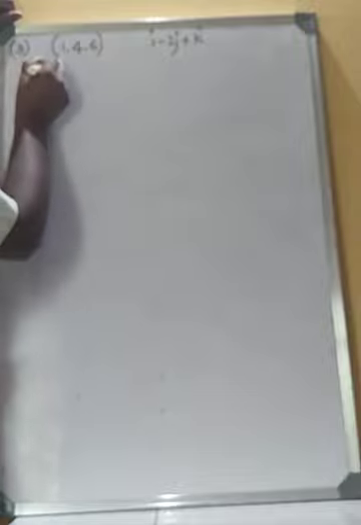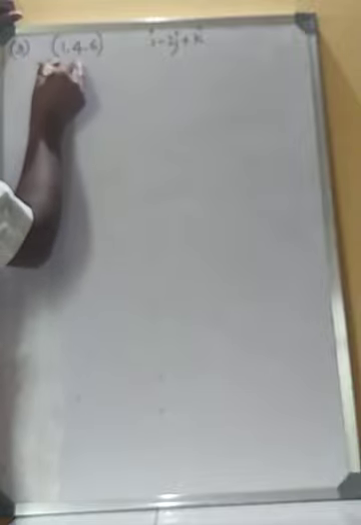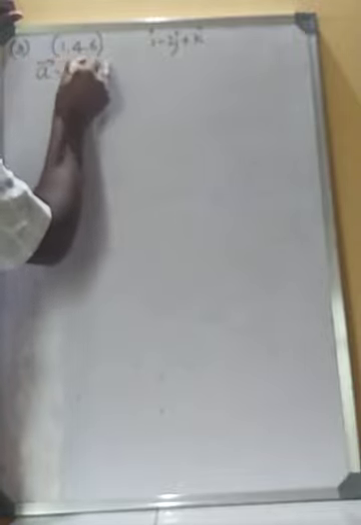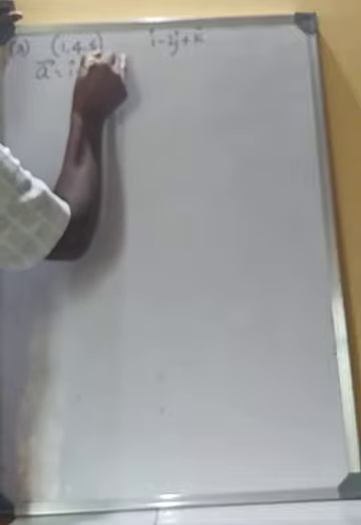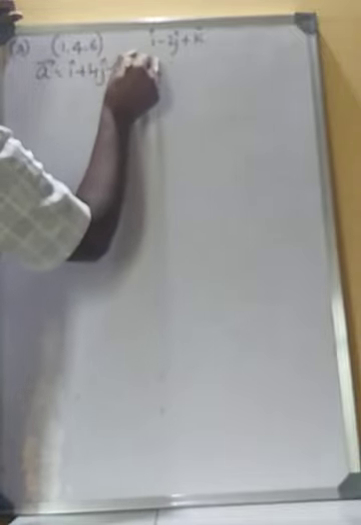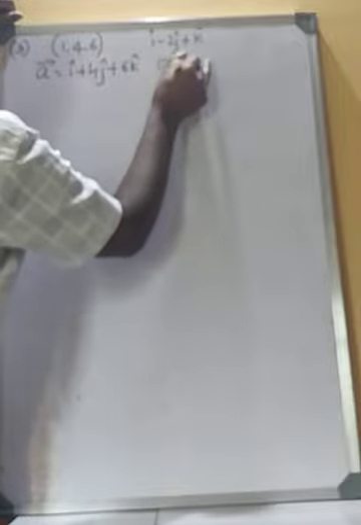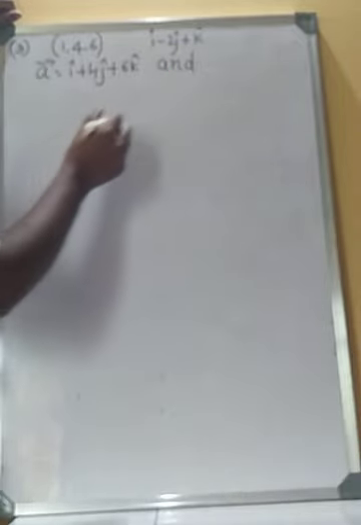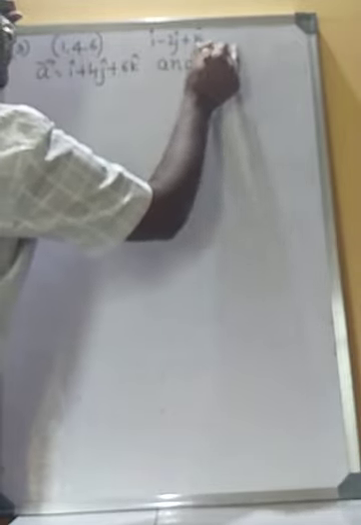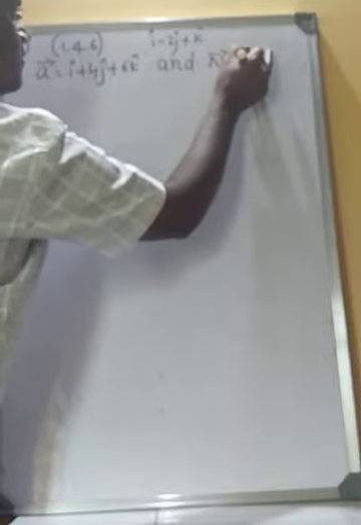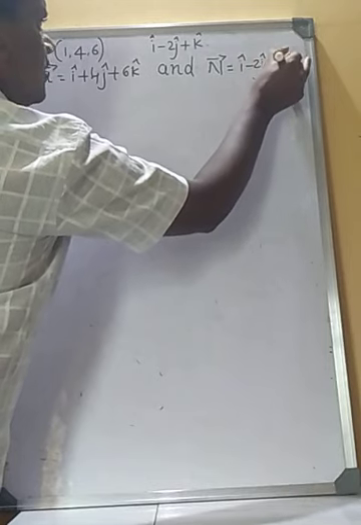Here also, let the position vector of the point (1, 4, 6) be vector a, which is equal to i plus 4j plus 6k, and normal vector n is equal to i minus 2j plus k.